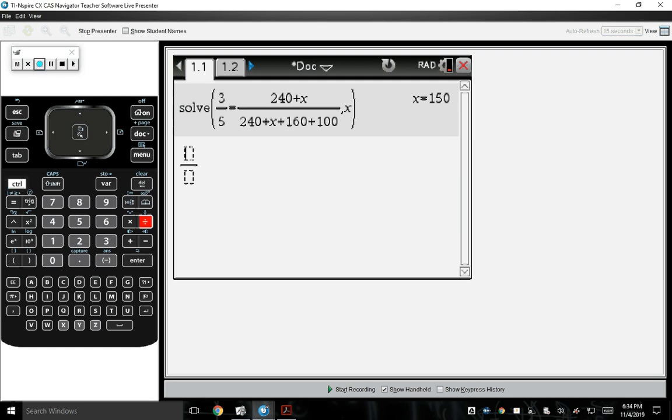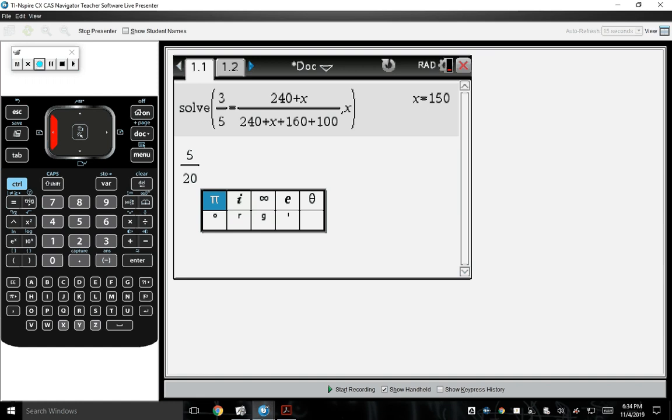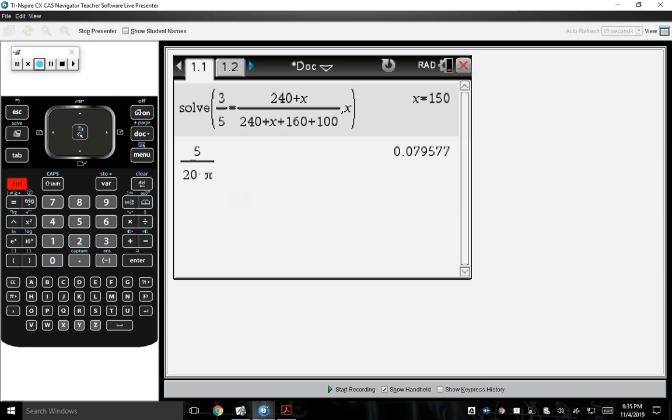I have control divide 5 over 20, and in the denominator I'm going to put pi by accessing this key at the very bottom left, near that comma. It's not highlighting red, I don't know why. There it goes. We press pi, and we get this first one right there. And when I press control enter, this is what I get.